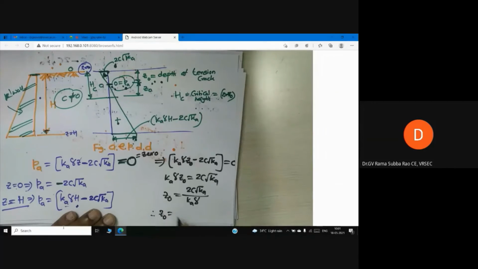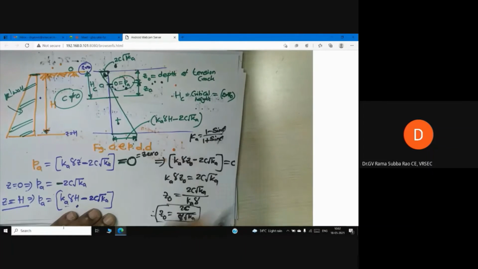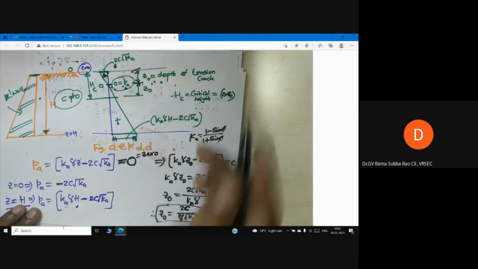Z naught is equal to 2c by gamma root Ka, since Ka is root Ka into root Ka. So Z naught is 2c by gamma root Ka. We will write once again, 2c by gamma root Ka. No doubt Ka, you know, is 1 minus sin phi by 1 plus sin phi. Now actually I got Z naught, this depth of tension crack.